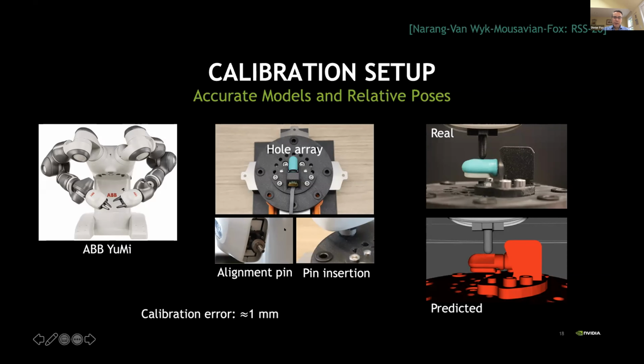He then printed a pin that you can place into the YuMi's end effector, so it's not actually held by the gripper. That wouldn't be precise enough.